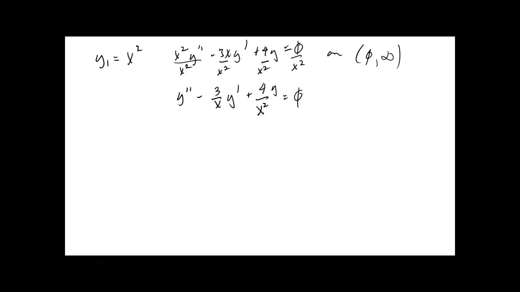I was trying to decide whether to include the minus sign or not. Let's not. So let's do it in the form the p of x should be, so we'll include the minus sign. The p of x here is minus 3 over x. And we're going to integrate that dx.